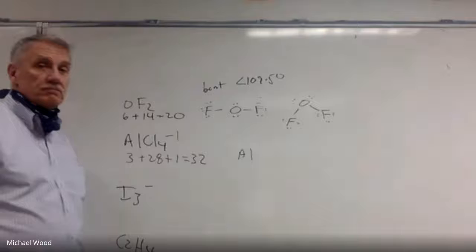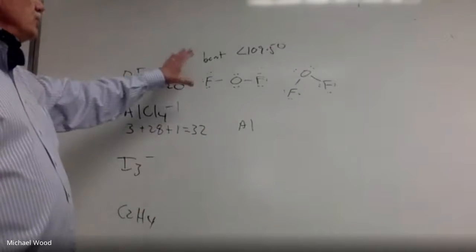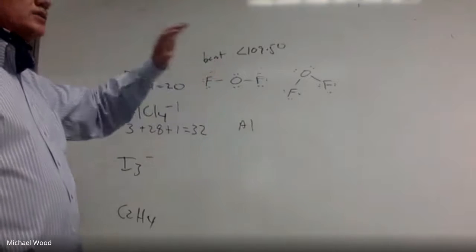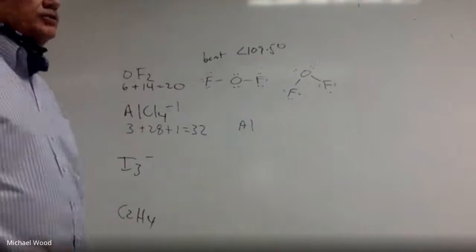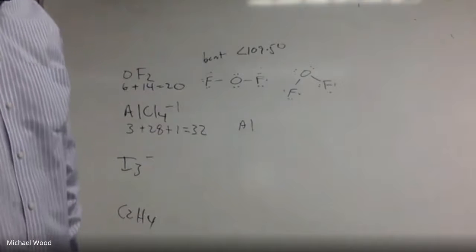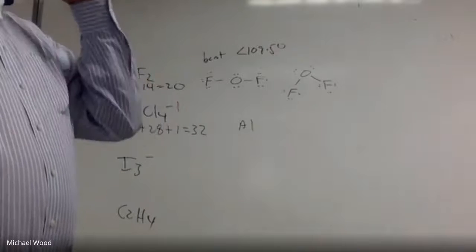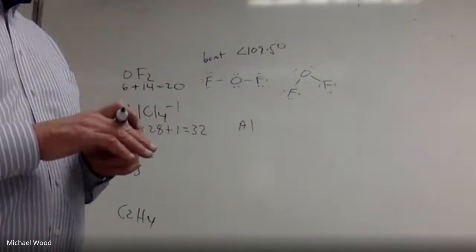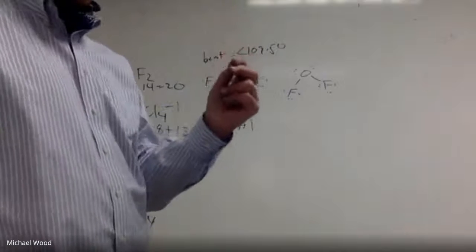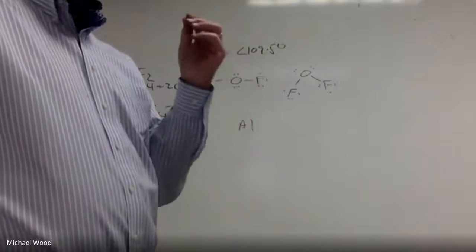Okay, Mr. Wood, I have a quick question. Yes. I'm confused about how you're finding that angle. Is it just the same for the shape? Yeah, what this is based off of, because it's 4 electron domains, the base bond angle, Juliana, is 109.5. Okay. So 2 electron domains is linear, and its bond angle is 180.